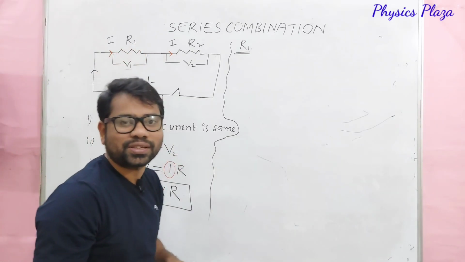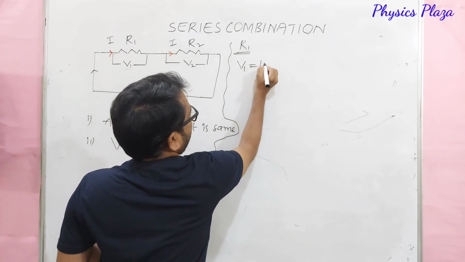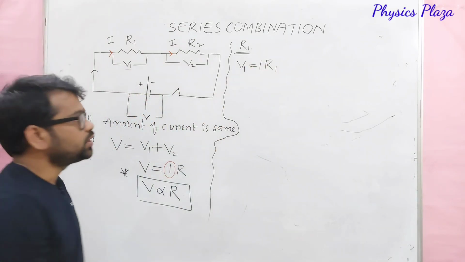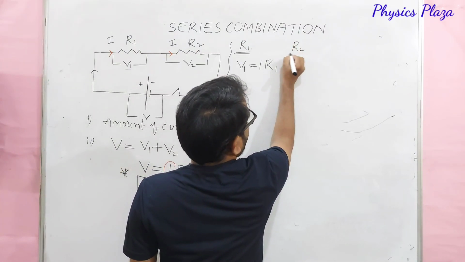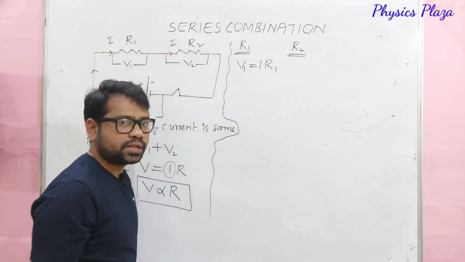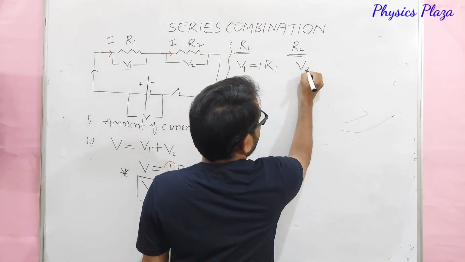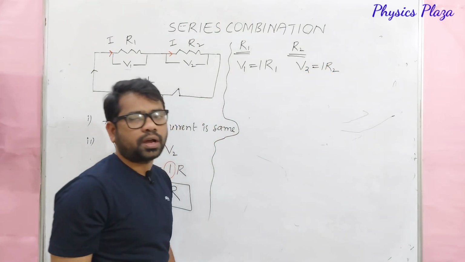But I remains constant. So what do we get here? We get V1 is equal to IR1. In the same way for the R2 resistor, we apply Ohm's law. Then we get V2 is equal to IR2.